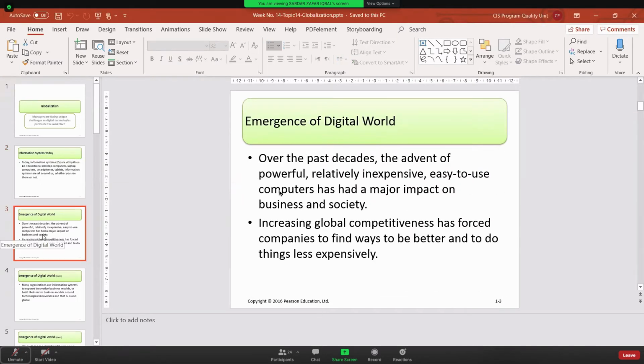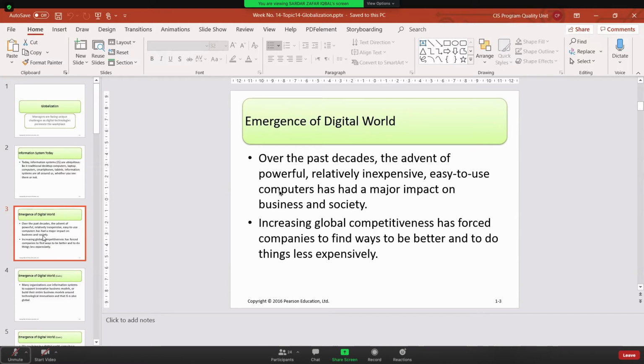So the emergence of the digital world over the past decades, the advent of powerful, relatively inexpensive, easy to use computers has had a major impact on business and society. Increasing global competitiveness has forced companies to find ways to do things better and less expensively.